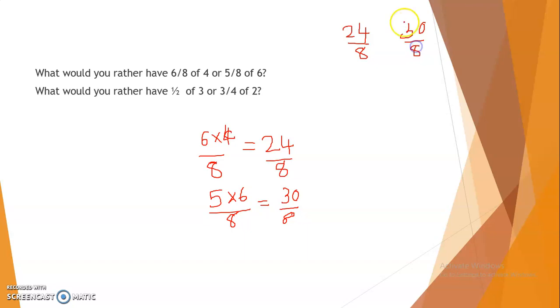What would you rather have? Definitely we'll go for the bigger one. Which one is bigger here? Since the denominators are the same, whichever has the bigger numerator is the bigger fraction. So we'll go for 30 divided by 8. 30 divided by 8 means 5 by 8 of 6.